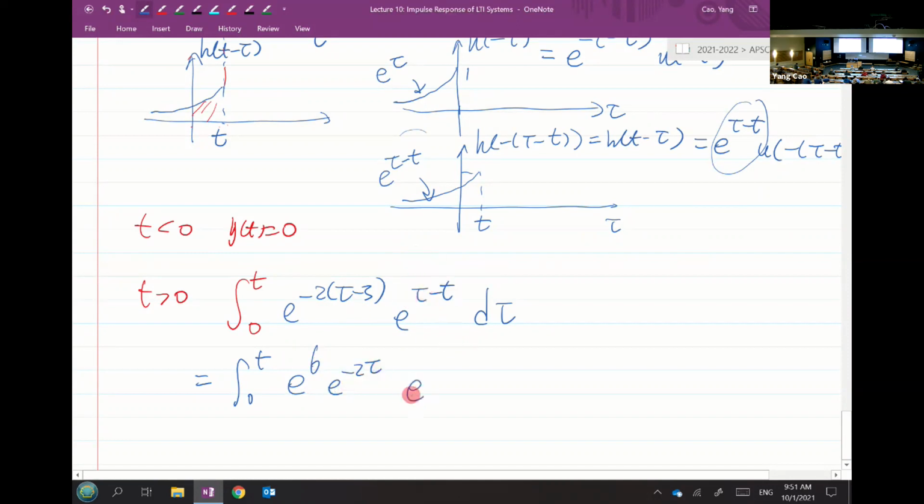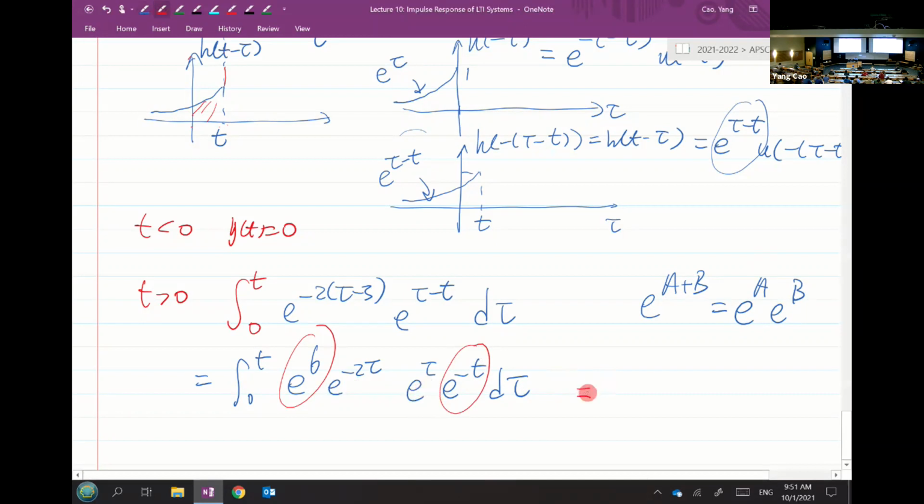This one I can write as e to the power tau times e to the power -t. This is basically back to e to the power of a plus b equals e to the power of a times e to the power of b. So this term and this term are considered constants for this integral. You can take them out of the integral. Then you're left with just e to the power -tau.